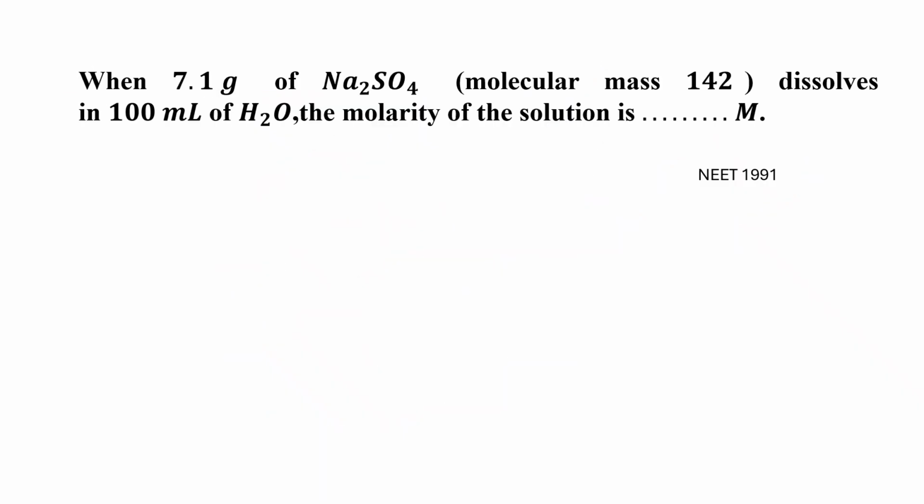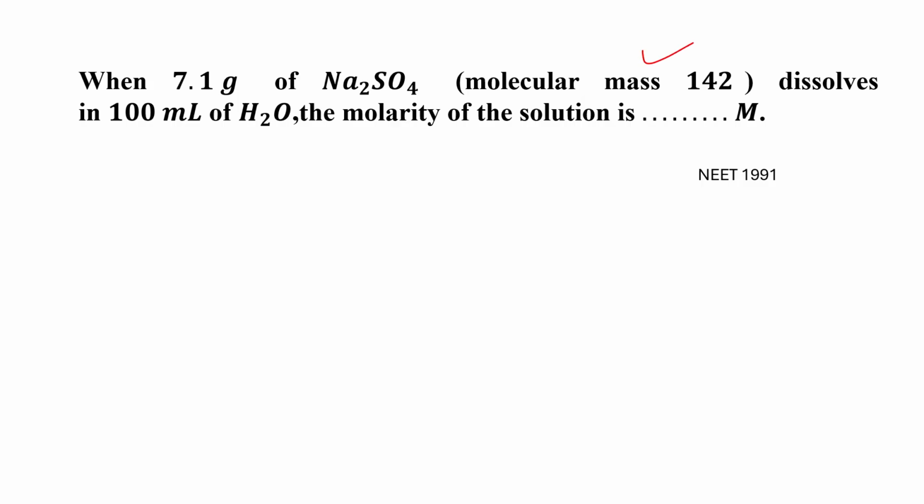Then this is the final question. When 7.1 gram of sodium sulfate, molecular mass 142, dissolves in 100 ml of H2O, the molarity of the solution is? They are asking for the molarity. So 7.1 gram of sodium sulfate, and the molar mass is given.